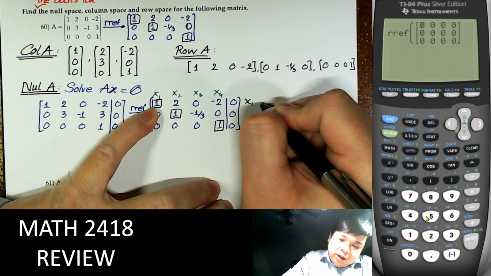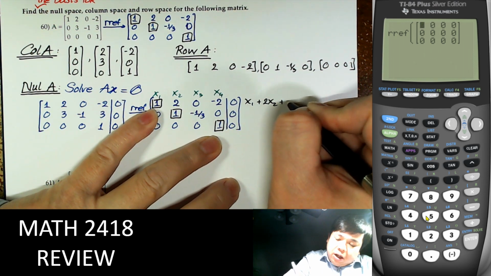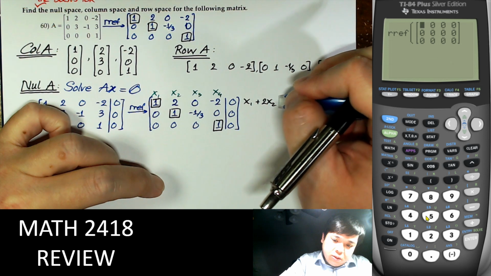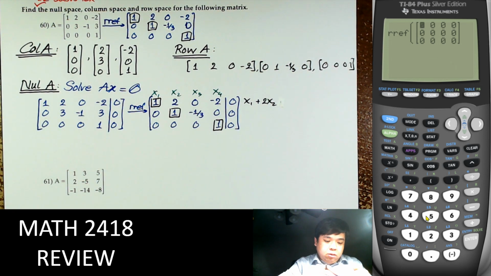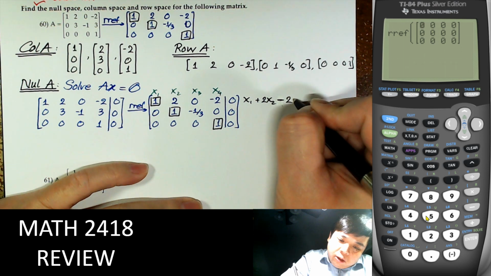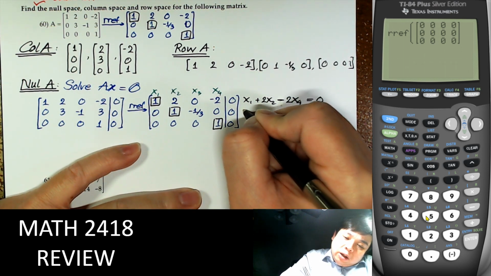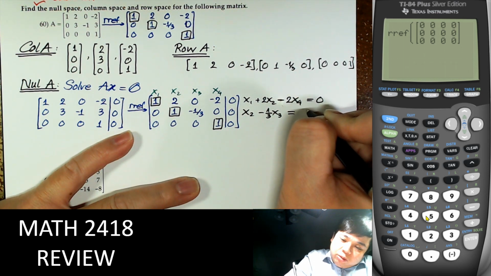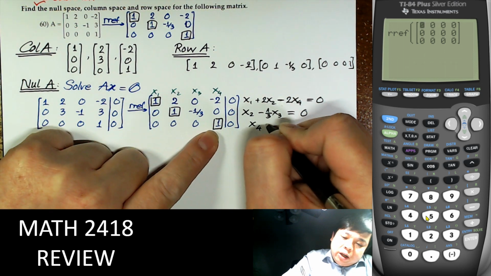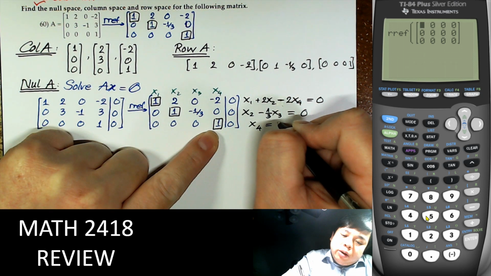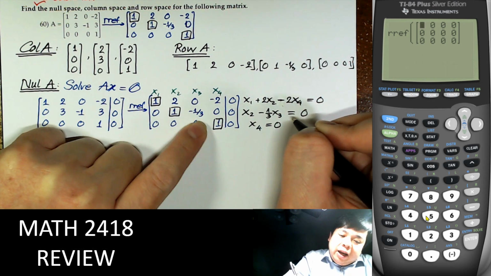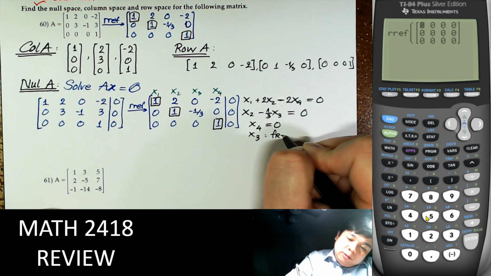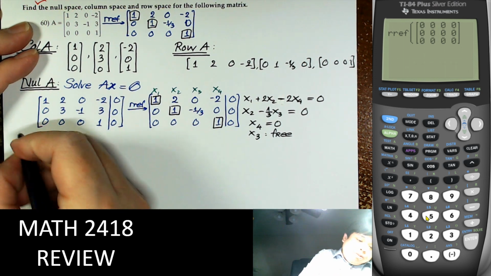We can say x1 plus 2x2 minus 2x4 equal to 0. x2 minus 1 over 3 x3 equal to 0, and x4 is equal to 0, and here of course we don't have a pivot on x3, so x3 is free. So if we write the solution, it will be as follows.